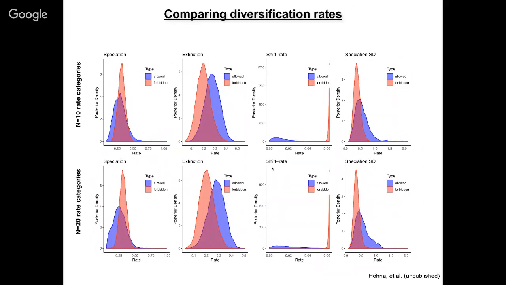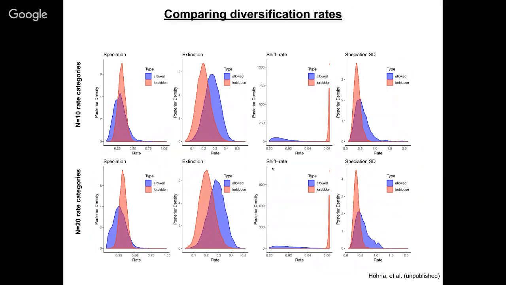Generally we see that the speciation and extinction rates that we're estimating are slightly different, but not completely different. In the two rows I'm showing, using 10 or 20 rate categories to approximate that distribution does not have any impact.